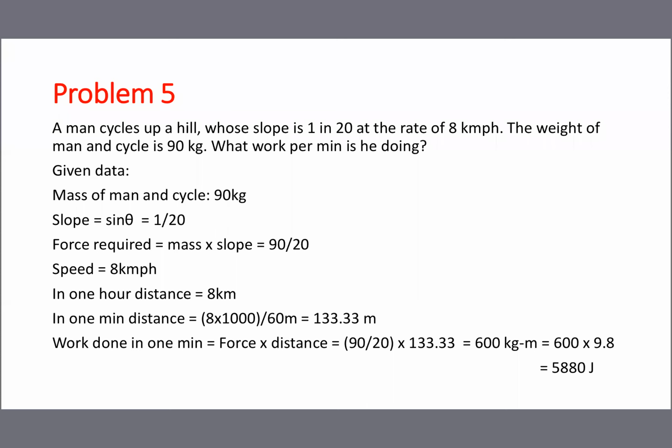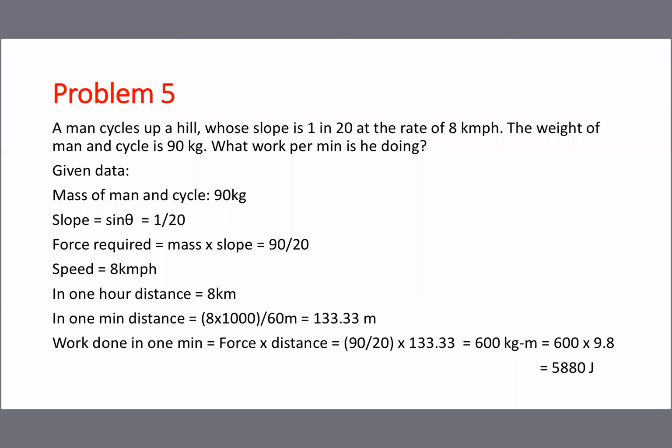And slope, new data, slope given. Slope is nothing but the sine theta value. Instead of moving vertically up, they are moving on an inclined plane. If you wanted to move vertically up 1 unit, it is very difficult. So that's why they are going with the 20 units. That is the sine theta value. Slope given means it is nothing but the sine theta value, 1 by 20.